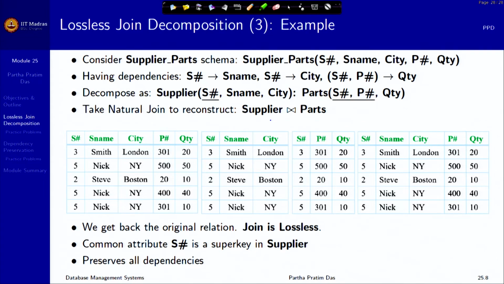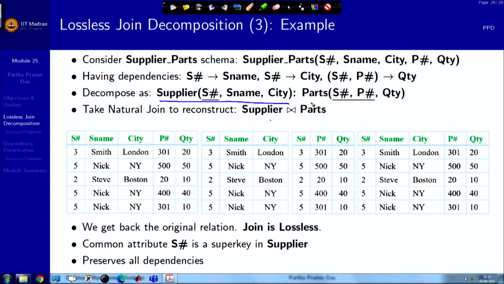But if we decompose this differently, in this way, that is SID, SNAME and city, and SID, product ID and quantity, then you get a perfect reconstruction in this. Right? Why do you get that? Because now the common attribute is SID, S hash, the supplier ID, right. And now the supplier ID is a super key in the supplier relation, because it determines the SNAME, it determines the city.